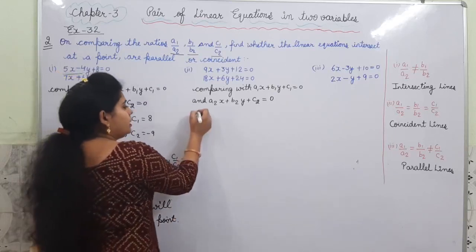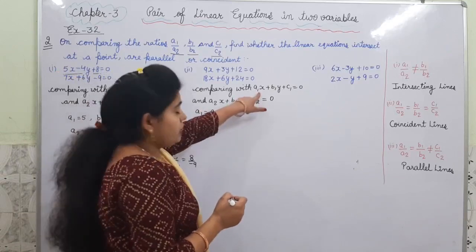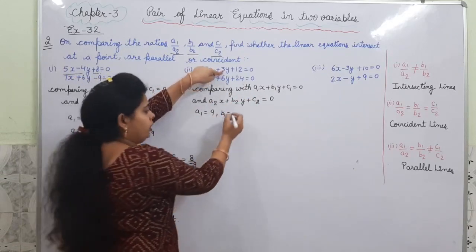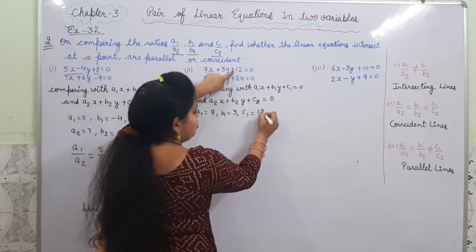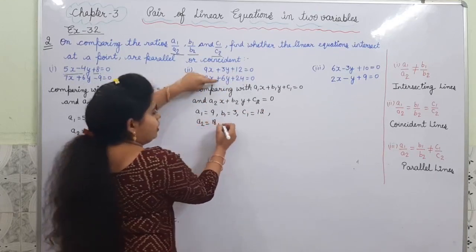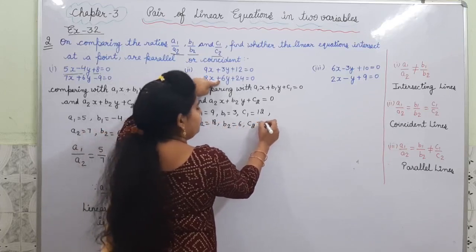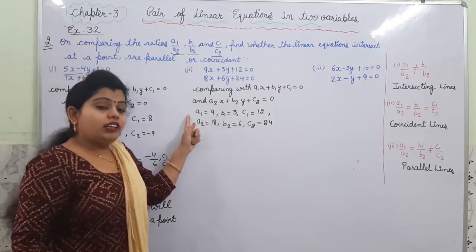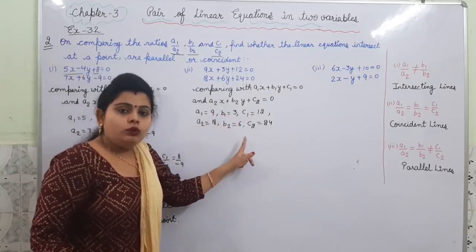What we will get? a1 is equal to 9. b1 is equal to 3 and c1 is equal to 12 and a2 is equal to 18, b2 is equal to 6, c2 is equal to 24. From here we get the values of a1, b1, c1, a2, b2, c2.